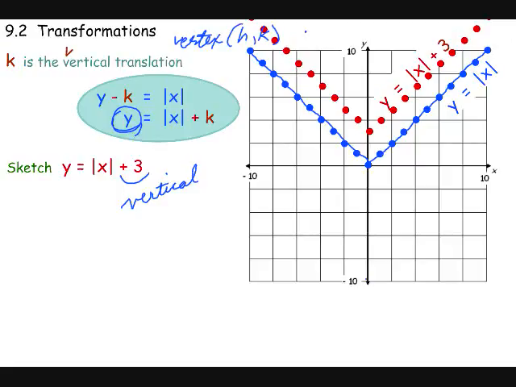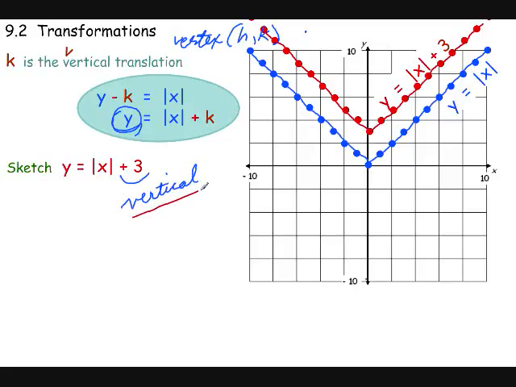And if I draw that, use a red pen, here's that absolute value function. Notice it's got exactly the same shape as the parent graph, and its line of symmetry remains at x equals 0, but it has shifted upward 3 units.